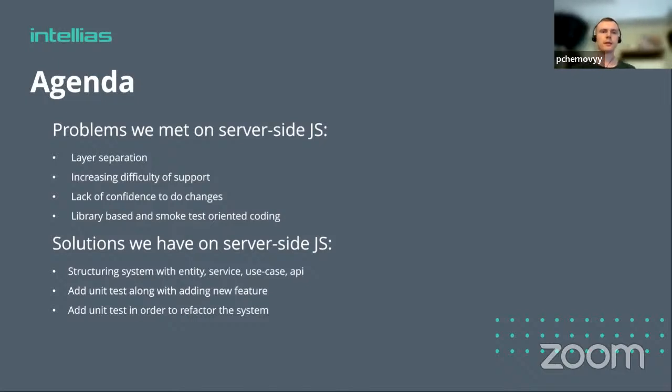Let's have a look at the step-by-step bullet points that we have here. So we know that a typical problem that we have is layer separation. What I mean is when we have our NodeJS API that we wrote on some popular frameworks. It could be Express, it could be Koa, it could be other frameworks or pure Node.js.